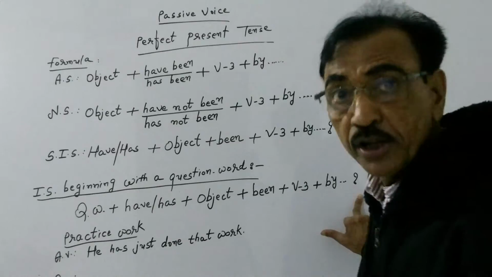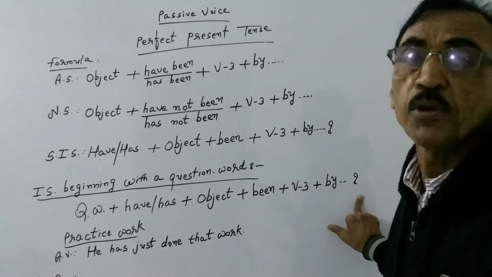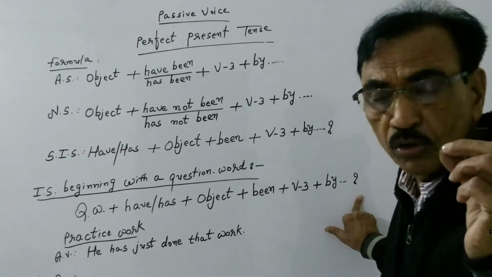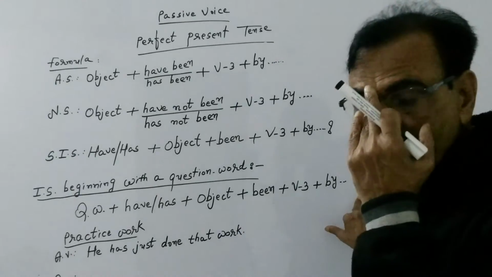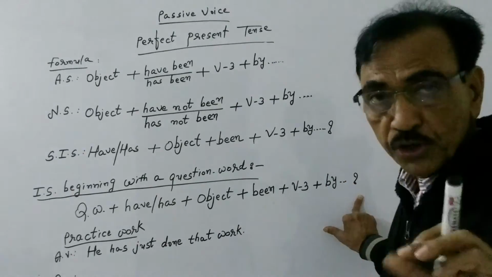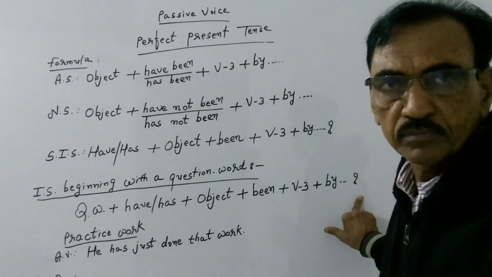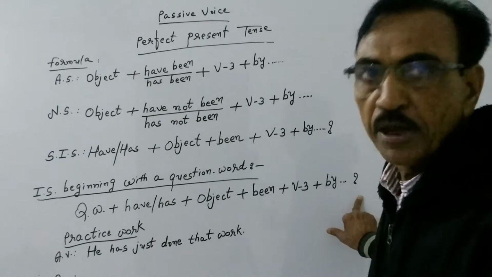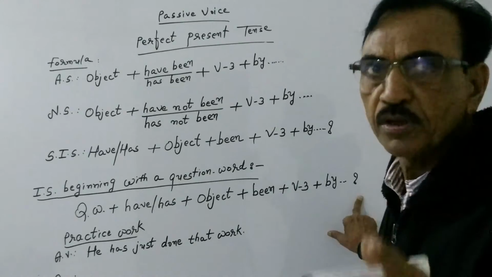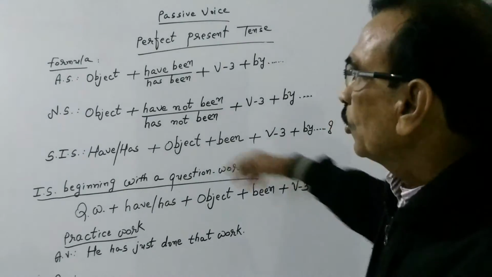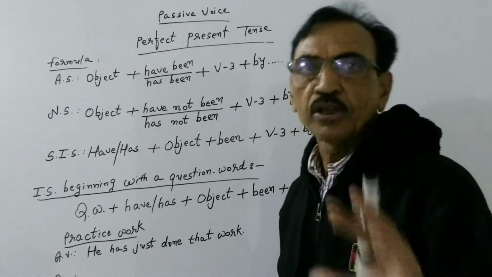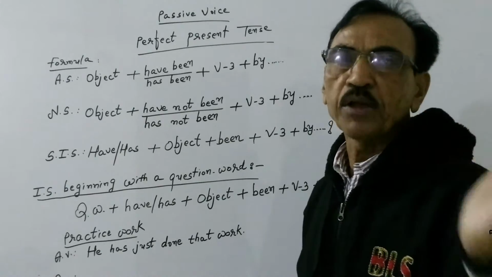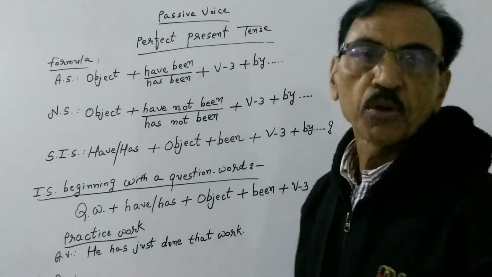We have to strictly follow this formula if we don't want to lose even a single mark. If we want to be confident, I personally request everyone to change the sentence from active voice to passive voice by following this formula, friends.